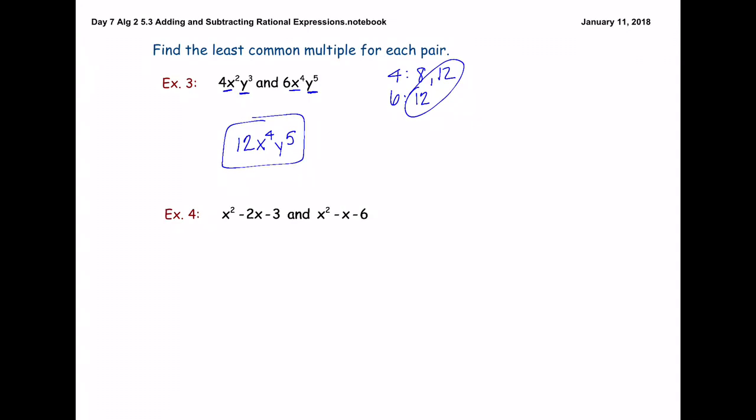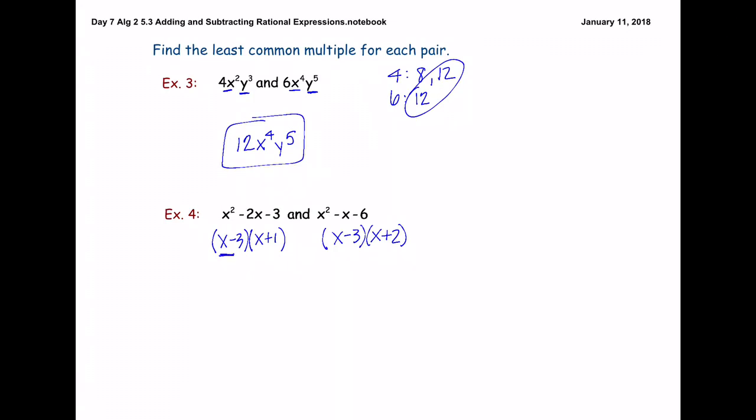When we look at x squared minus 2x minus 3 and x squared minus x minus 6, we want to make sure to factor those. So factored, we get x minus 3, x plus 1, and x minus 3, x plus 2, and we want to look for what's missing.